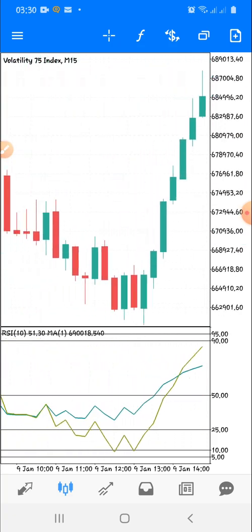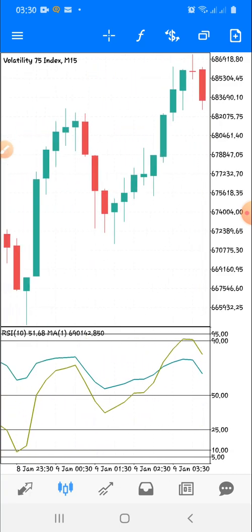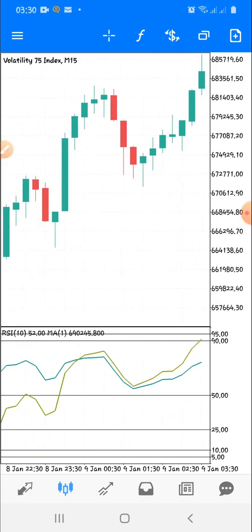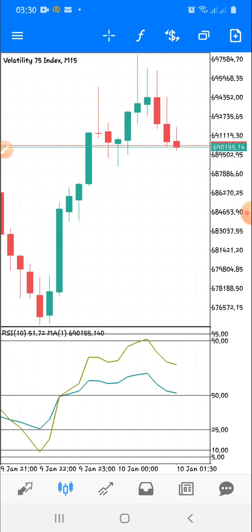Always when you see a dodgy candlestick on the volatility indices, and also the bullish and the bearish pin bars, the engulfing patterns, make sure you take a closer look at all those candlesticks. The candlestick patterns, they are very much respected.